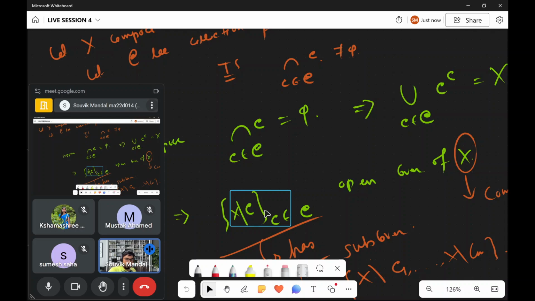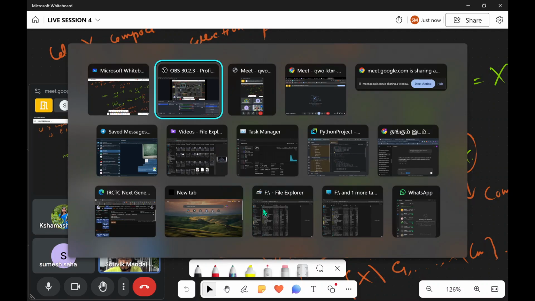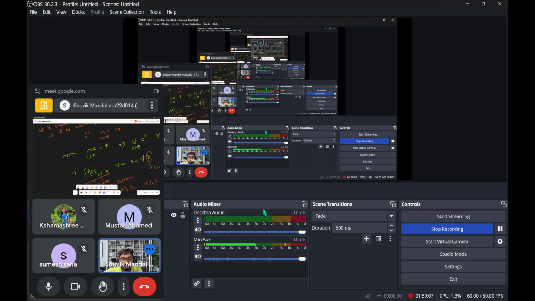The point is that you can consider an open cover, take complements, and then come up with a collection of closed subsets of X. Now please try to figure it out by yourself. The process is the same. There is nothing new actually.